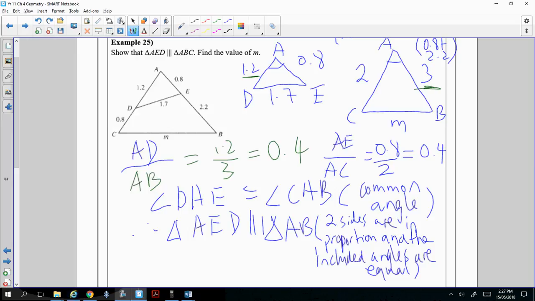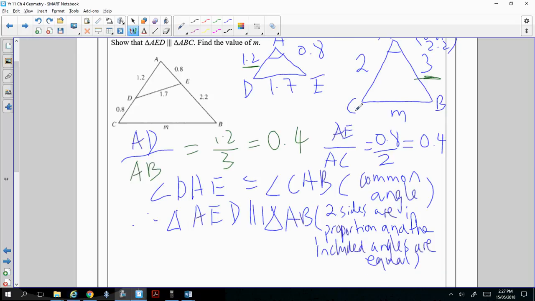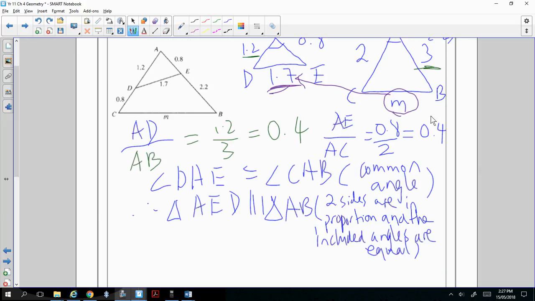So let's try to do it. We're going to find M. M matches with 1.7, isn't it? So you say M over 1.7 equals, and find another matching side. So 3 matches with 1.2. You write equal to 3 over 1.2, and then you can solve for M.